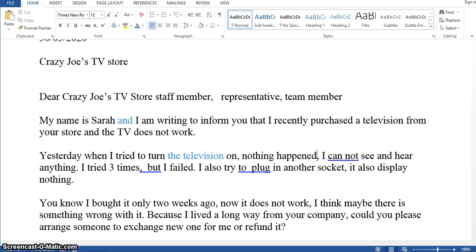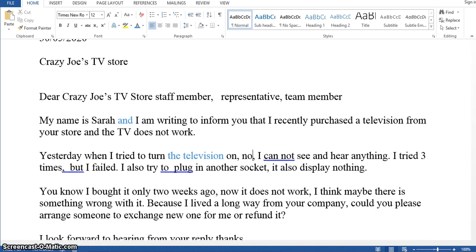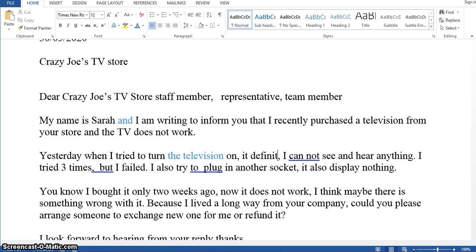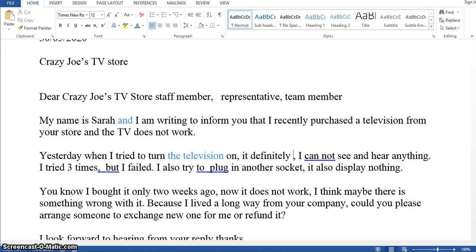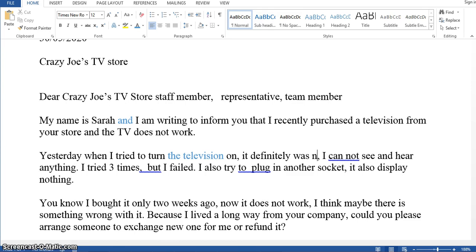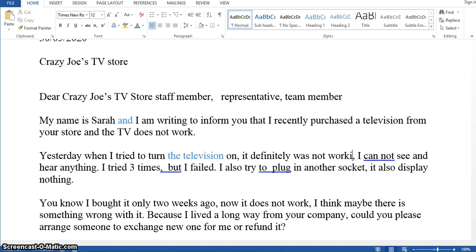But if I want to make this stronger, if I want to emphasize that the television didn't work, I can make it stronger with an adverb, just saying that there was definitely a problem. So, yesterday when I tried to turn the television on, it definitely didn't work, was not working.